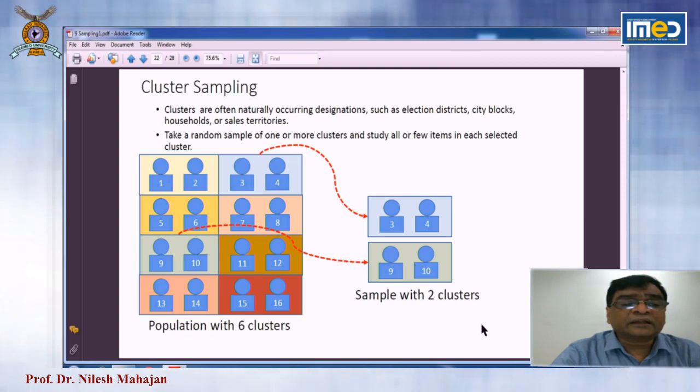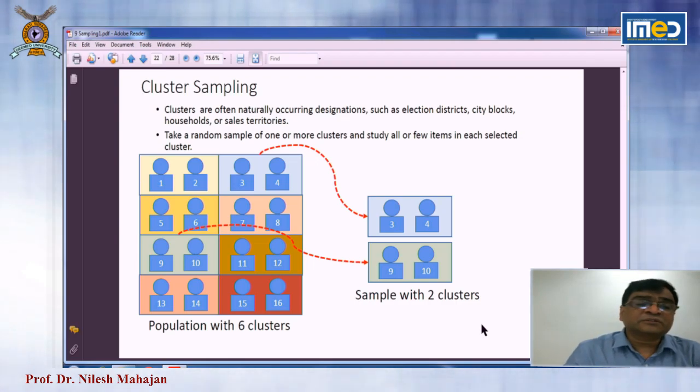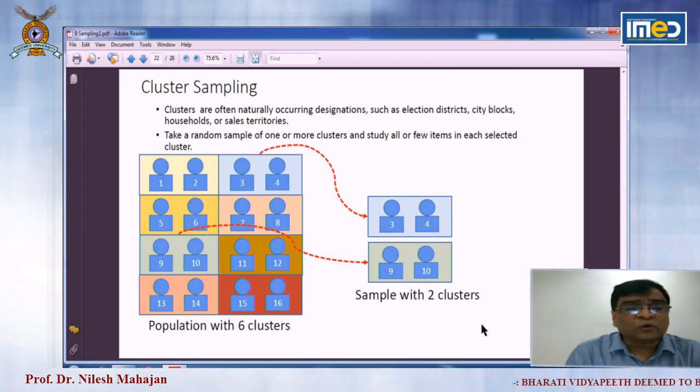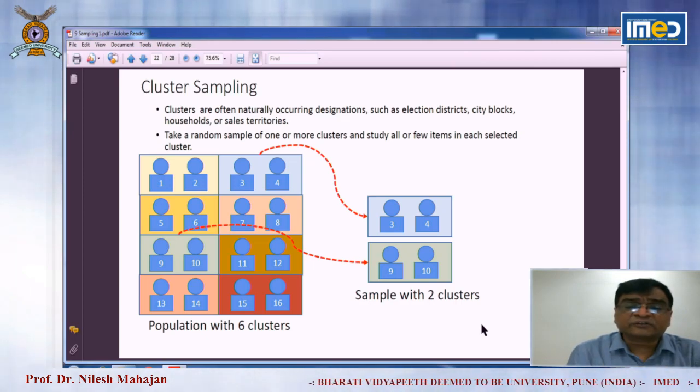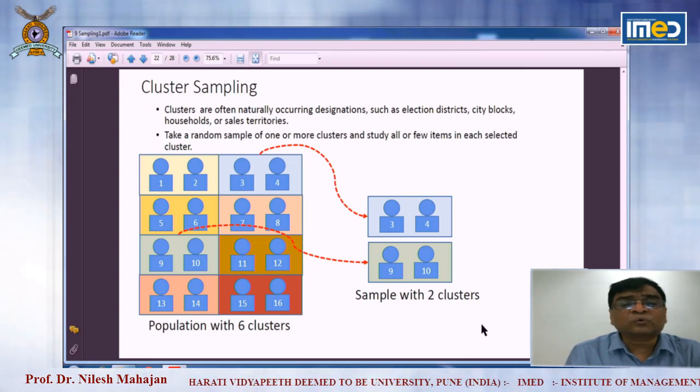So I am defining here a population with 6 clusters and a sample with 2 clusters. I choose 3, 4 and 9, 10. It means I am choosing 2 clusters here, but in total I defined 1, 2, 3, 4, 5, 6. Every block I consider as 2, because the population is totally 16 and I select only 2 clusters.